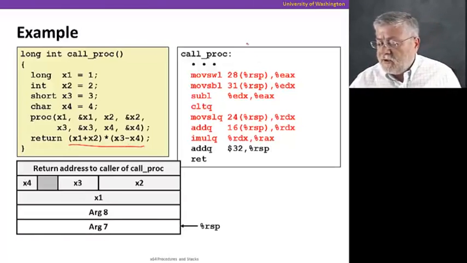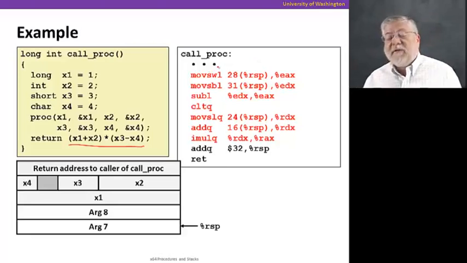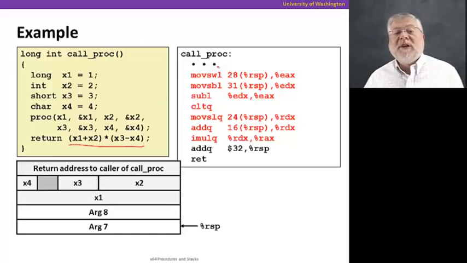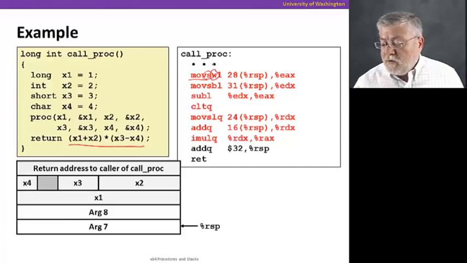Well, what we're going to do is make sure we carefully get the values of our temporary variables in this procedure and put them into registers with appropriate sign extension. So we're going to be using these interesting instructions here that say move. The S stands for extending the sign bit of the word into the long.